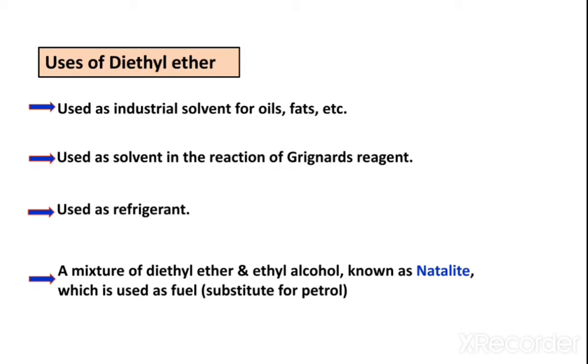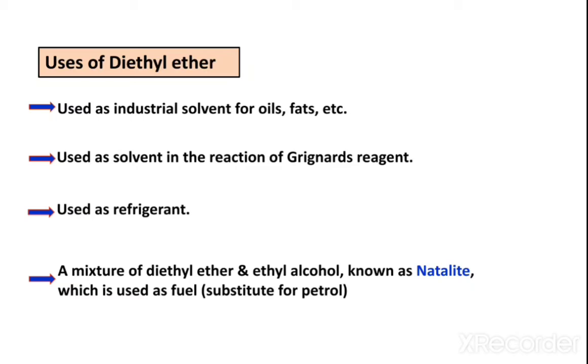After that, we discuss the structure of ether. Ethers have tetrahedral geometry, that is, oxygen is sp3 hybridized, and the carbon-oxygen-carbon bond angle is 110 degrees. It is high due to the greater electronegativity of oxygen than carbon.